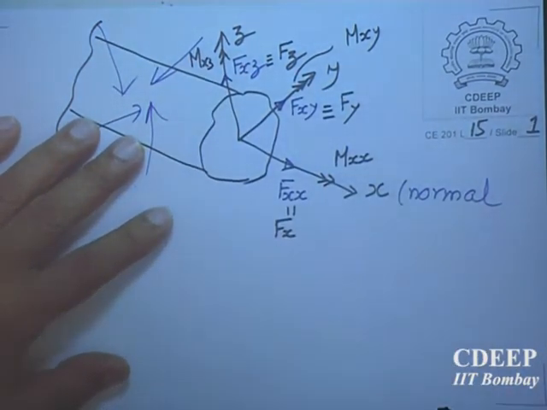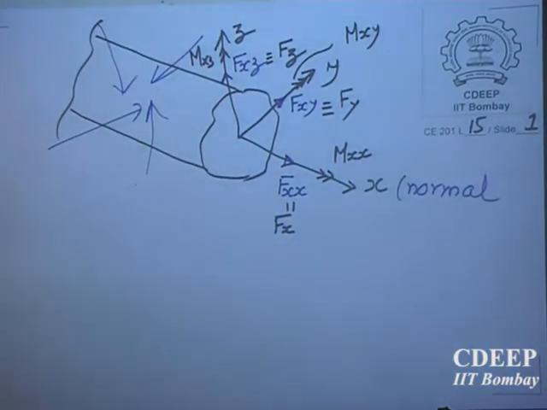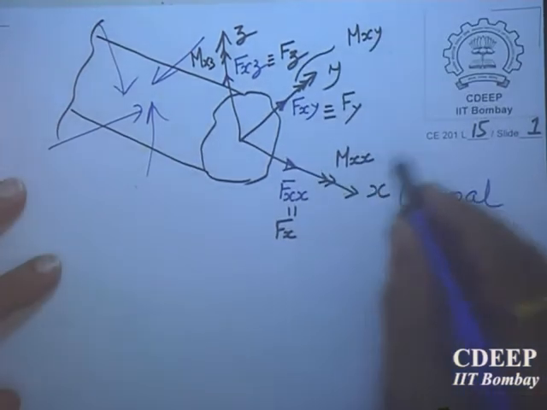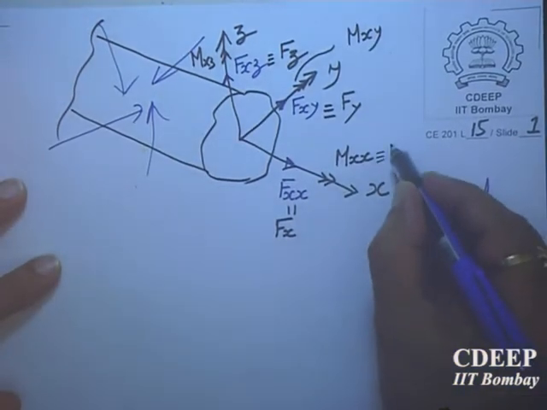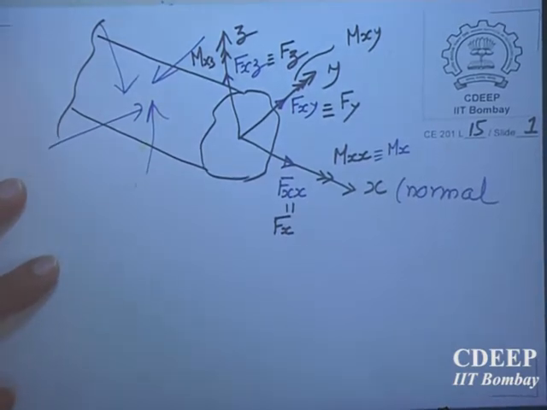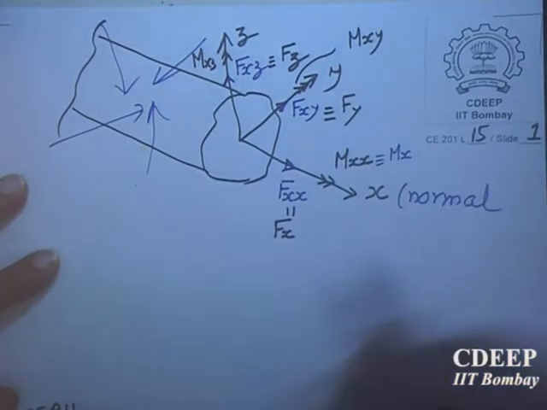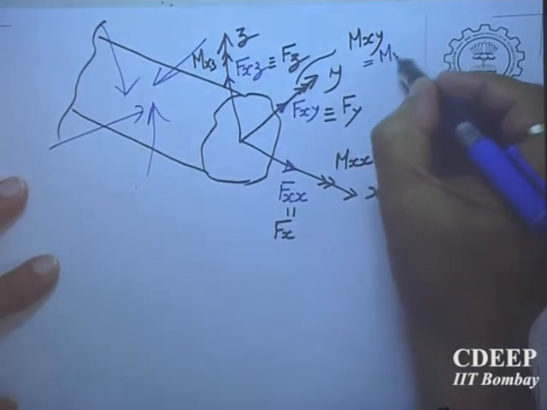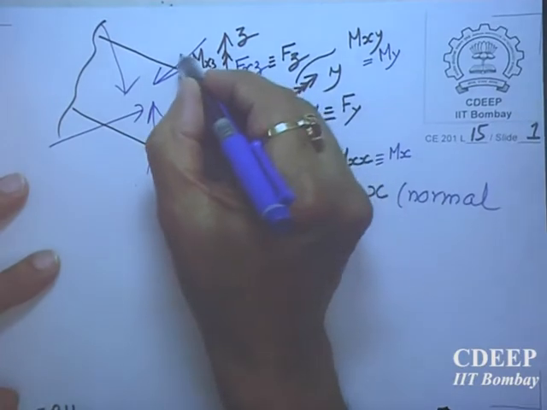Again, I must have told you earlier that Mxx can also be written as simply Mx, only one subscript, the moment about x axis, then moment about y axis, this one can be written as My and this can be written as Mz.